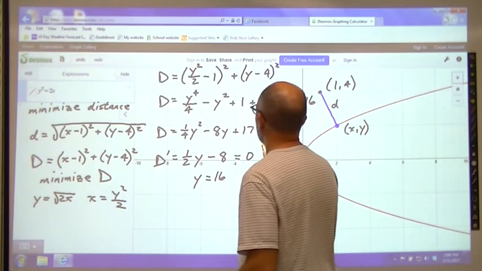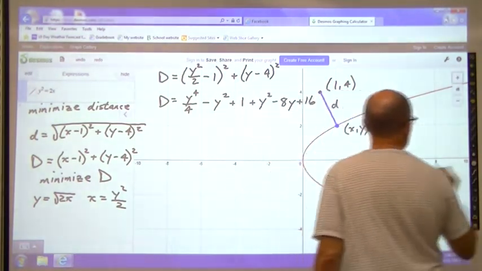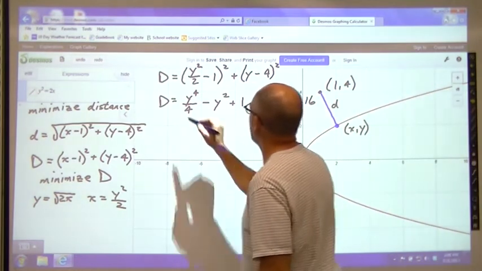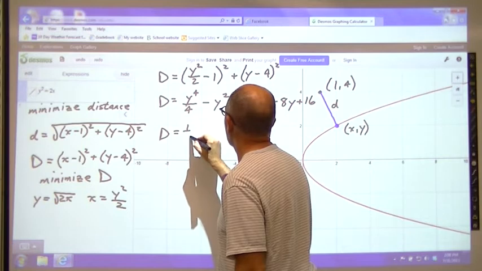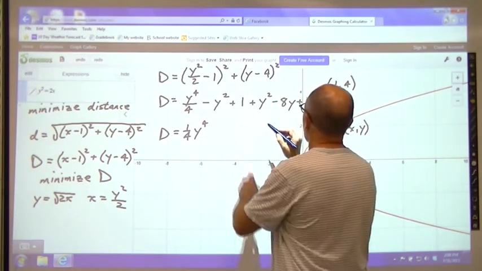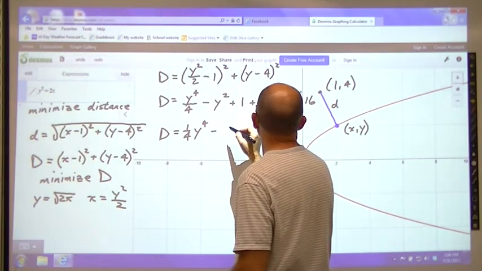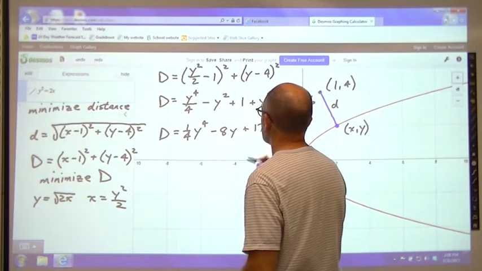Yeah, let's just get rid of everything here. When I simplified D, I just threw away the y to the fourth. So it's 1/4 y to the fourth. Now the y squareds are still gone, minus 8y plus 17.